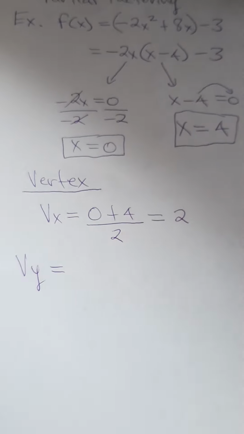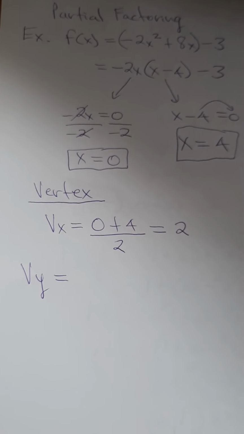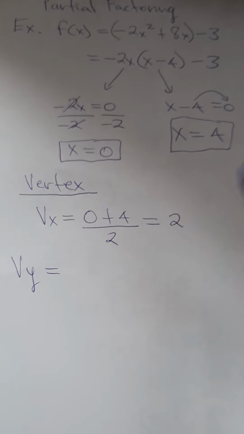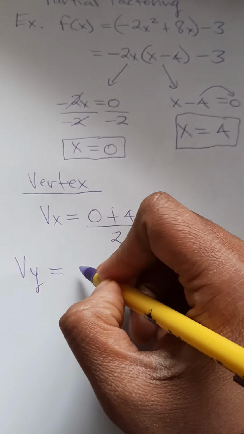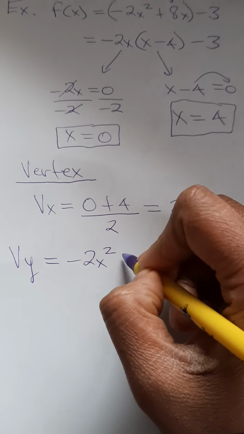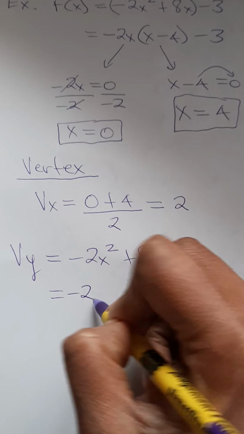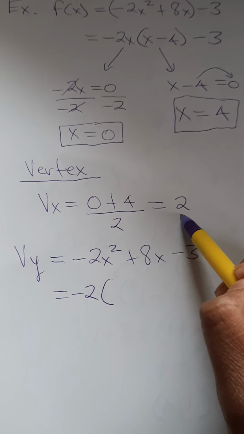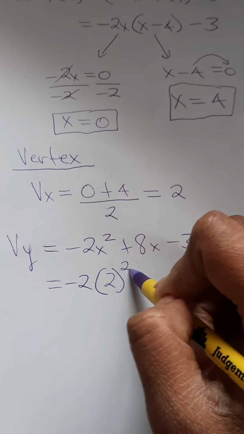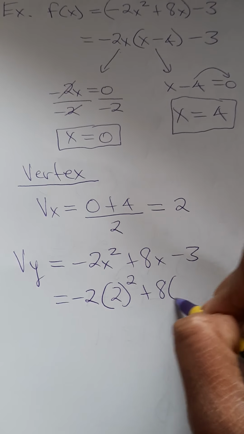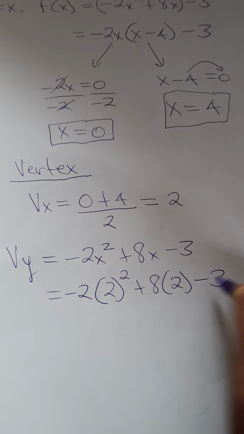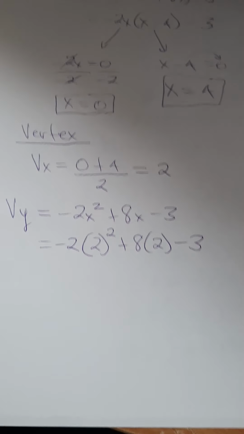Okay? When you're looking for the y point of the vertex, you take this x value, plug it back into your original equation. So I'm going to write out the equation here. f of 2 equals -2 times 2 squared, plus 8 times 2, minus 3, okay?